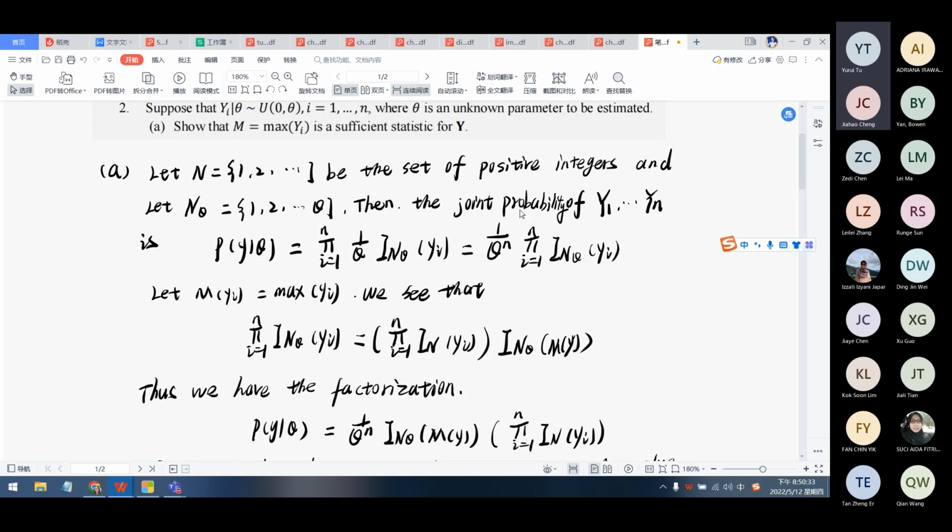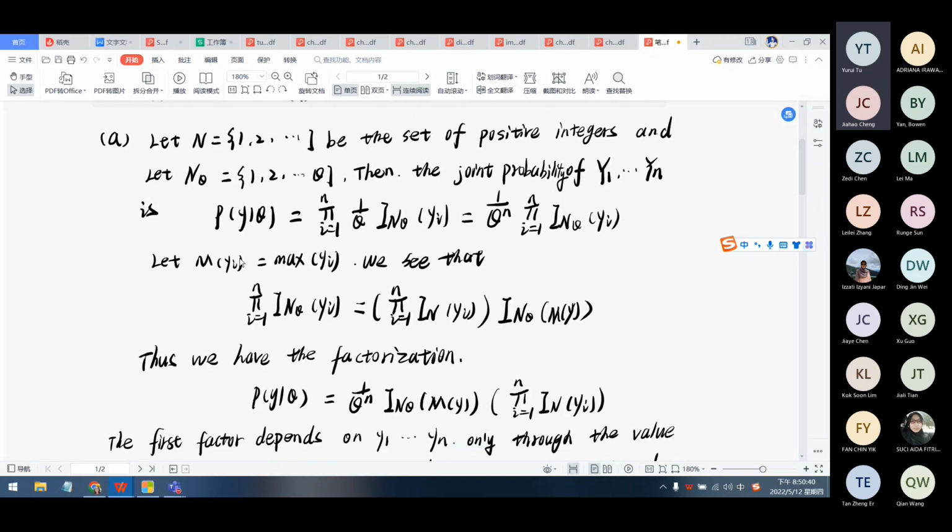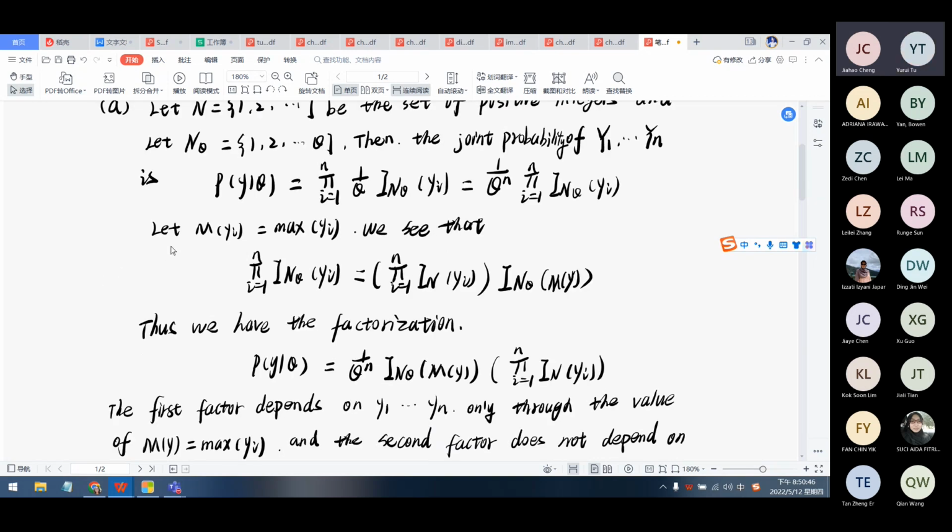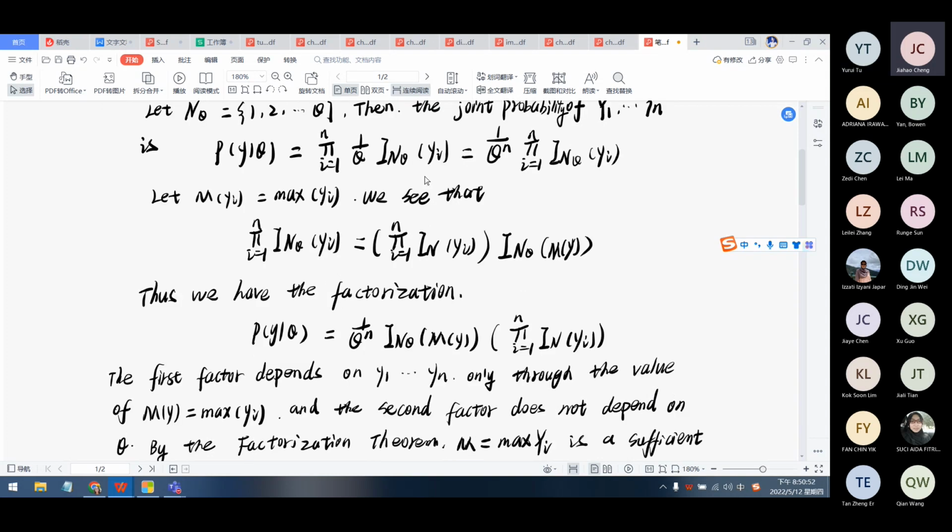Then the joint probability of y1 to yn is this function. We let M equal max yi, so we can see that this function.